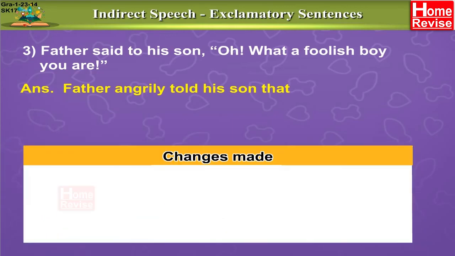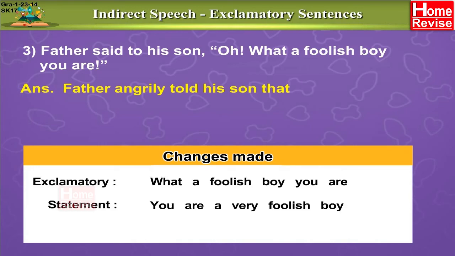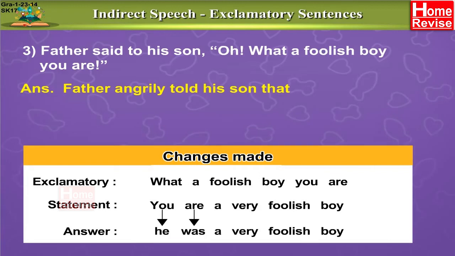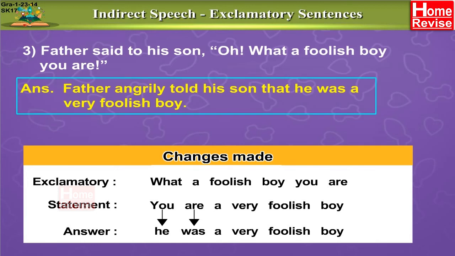Change it into a statement and it becomes, "You are a very foolish boy." Now, for reported speech, you becomes he, are becomes was. So your answer is, father angrily told his son that he was a very foolish boy.